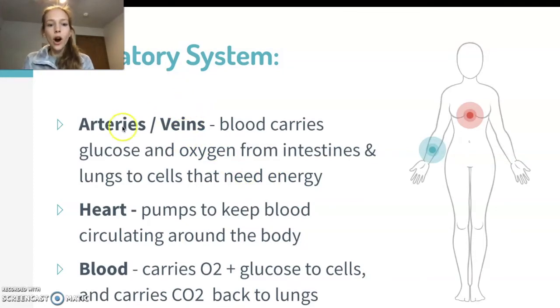Now, through arteries and veins, blood can carry oxygen and glucose from the lungs and intestines all around the body, wherever the energy is needed. So the heart keeps the blood pumping, keeps it circulating around the body, and then the blood is carrying these important molecules, the oxygen, the glucose to the cells, and carrying CO2 back when we're done with the cellular respiration.